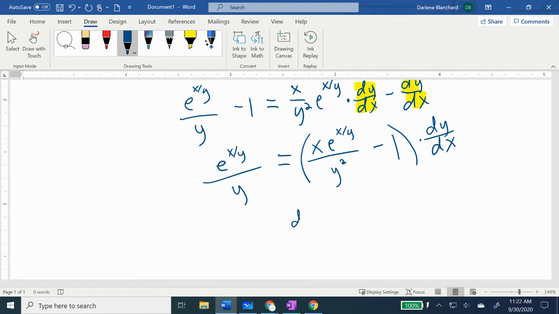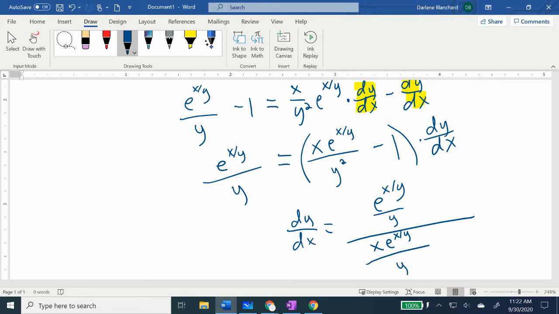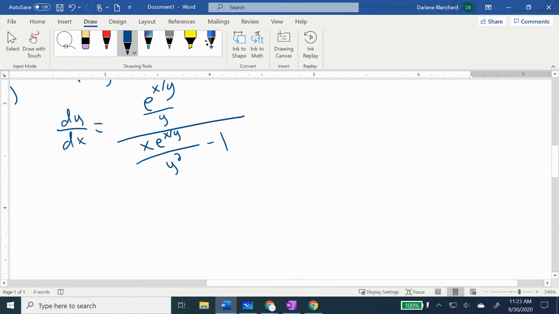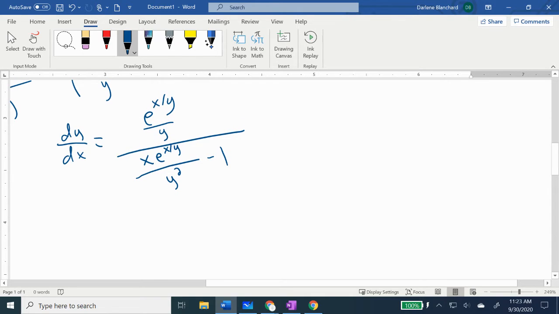So I'm going to get that dy/dx is equal to this lovely bit. And you probably want to see how that simplifies, so I will go ahead and take you through the simplification. If you don't need to see it, you can just fast forward.